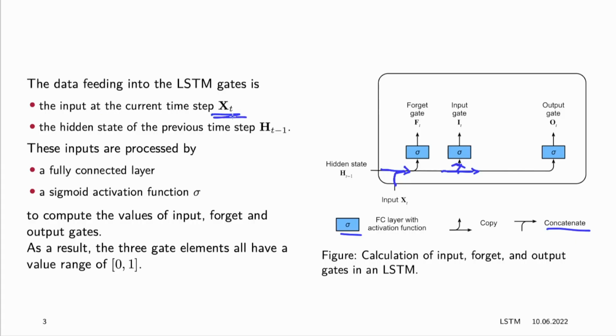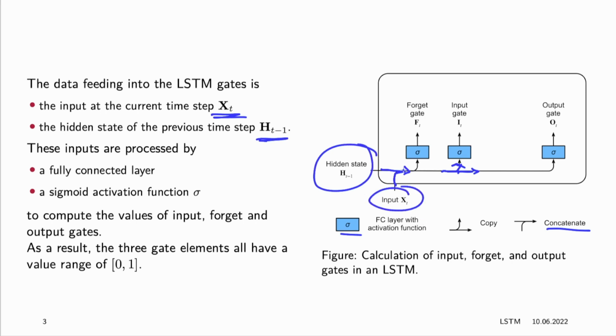The data that feeds into the LSTM gates are the input to the current time step xt and the hidden state of the previous time step h t minus 1. So here we have h t minus 1, here we have the current input.